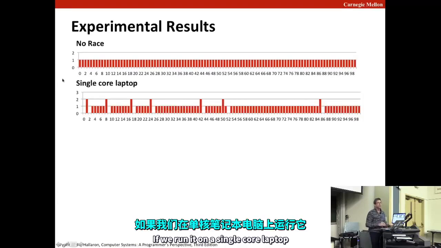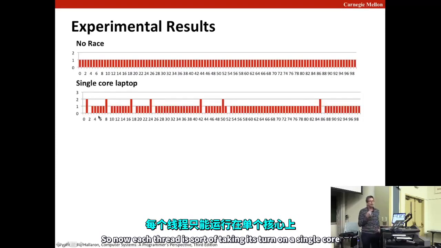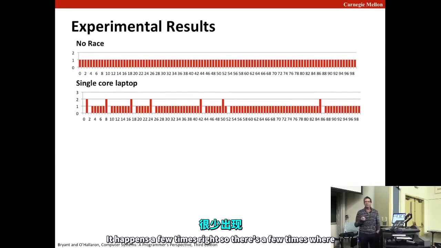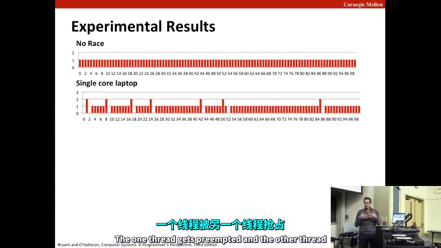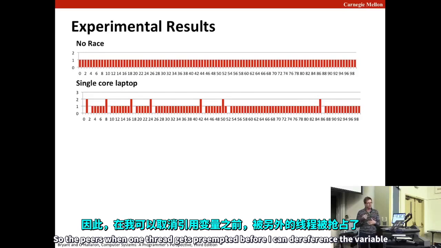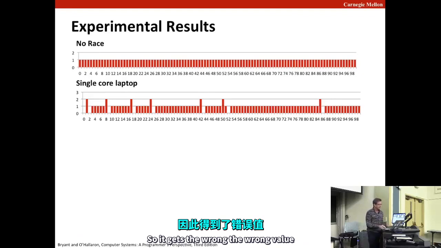If we run it on a single core laptop, so now each thread is sort of taking its turn on a single core, it happens a few times, right? So there's a few times where one thread gets preempted and the other thread begins to run before it can dereference the variable, so it gets the wrong value.